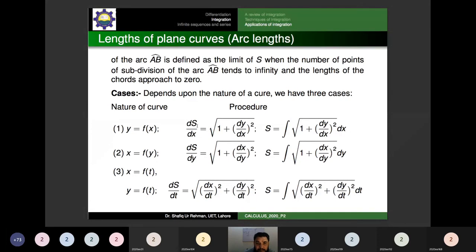What is s? It is the length of the corresponding arc, the length of the corresponding portion of the curve.